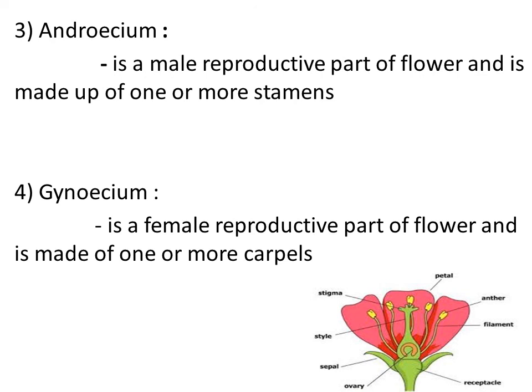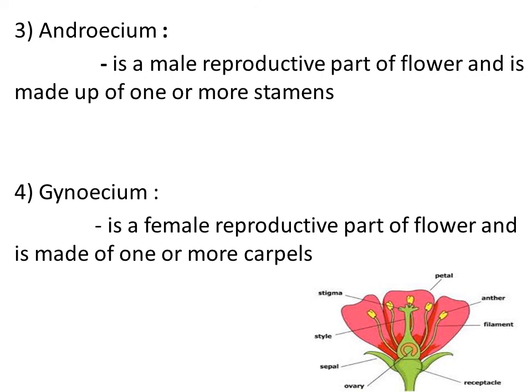In some cases, the male flower will be separate and the female flower will be separate. The male flower consists of only the androecium, and the female flower consists of only the carpel, that means the gynoecium. Understood?